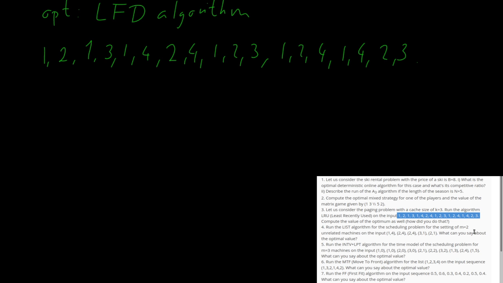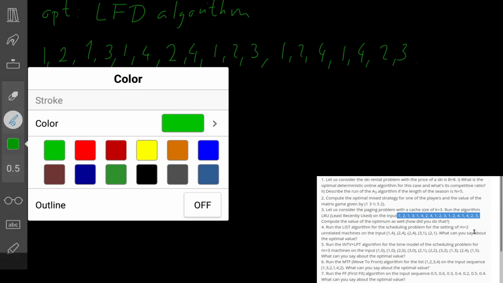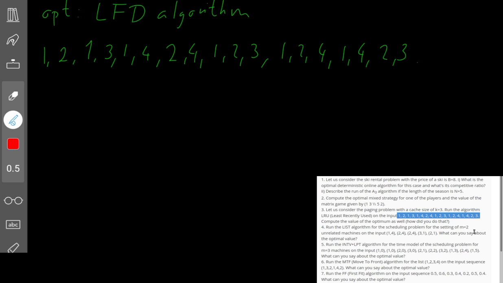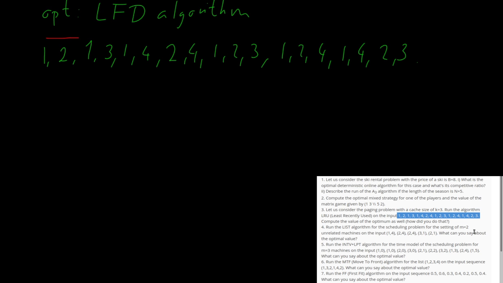Now the longest forward distance will first fill the cache, which means that till this point only the first 3 elements, so at this point the cache will contain the 1, 2, and the 3. Okay, and this is the point when the algorithm will discard some of them, and so far I had a cost of 3. This is the same situation which we had for the least recently used algorithm as well.